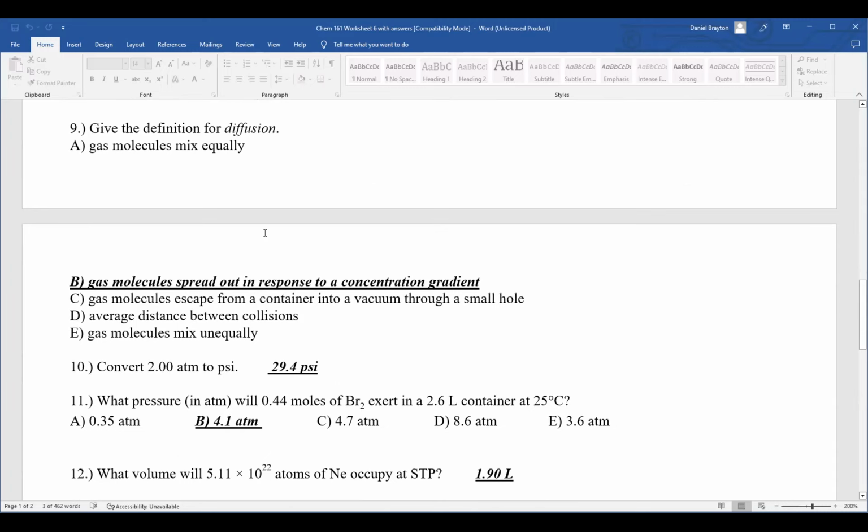Nine's another one that's a bit too easy for our exam. It's just a definition. But while we're here, diffusion is gas molecules spreading out in response to a concentration gradient. I wouldn't ask this on the test, right? Our key thing was to cover the ideal gas law and manipulations in general gas behavior, not these subtle details.